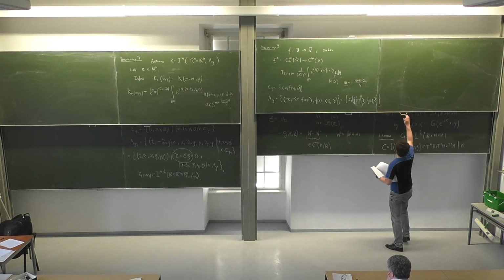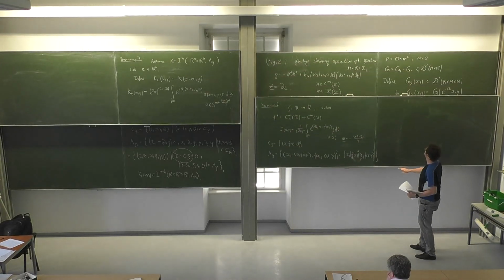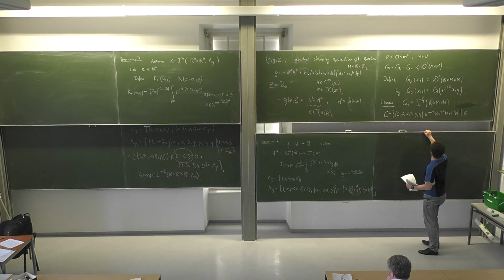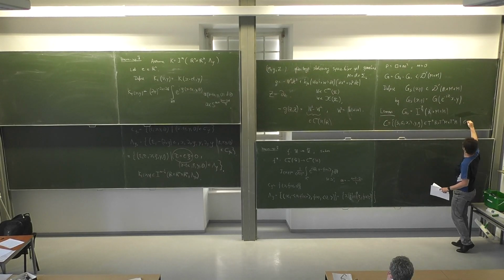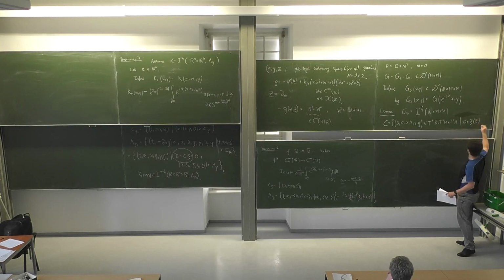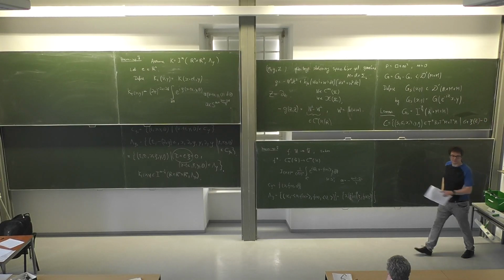Okay, so sigma plus psi evaluated at the Killing field Z, right? That must be 0. It's the same thing that's written over there in coordinates.